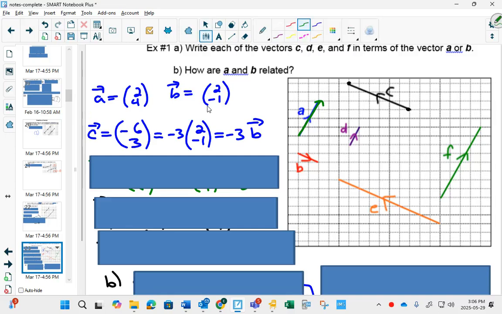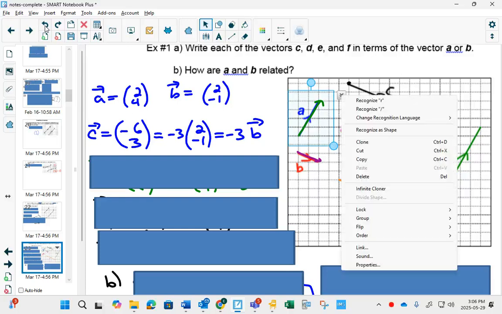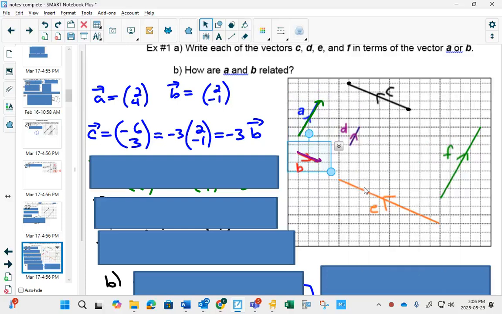I'm going to draw over top of B in a purple arrow. And I'm going to clone those. Infinite cloner. Purple one. Make it an infinite cloner. And C happens to be negative 3B. So if I took 1B, 2B's, and 3B's, it matches up perfectly with C, but in the wrong direction, so I'd have to make it negative.